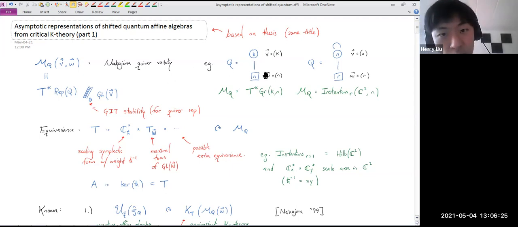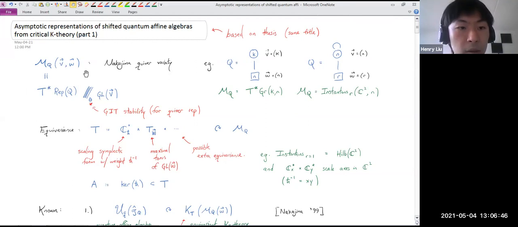We start with a quiver, okay, and this quiver has 2 types of nodes. One are these round nodes and the other are these square nodes. We'll associate a square node, which is a framing, to each round node, okay? And then we pick the dimensions associated to each node, and we look at representations of these quivers into vector spaces.